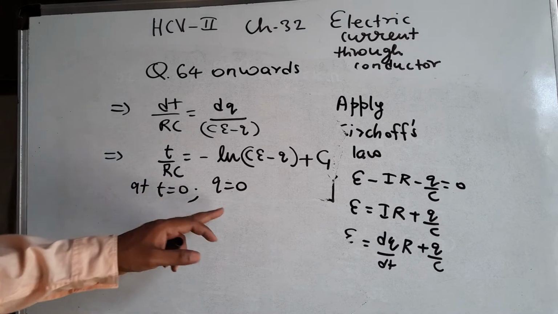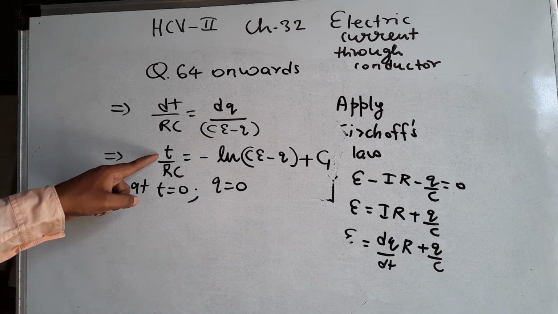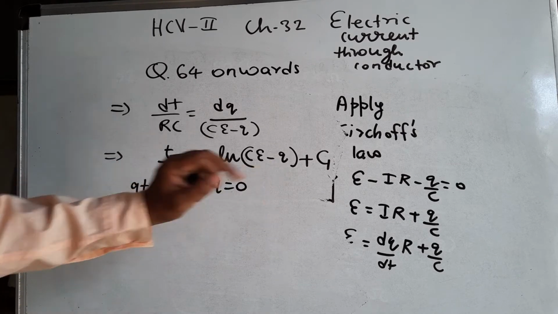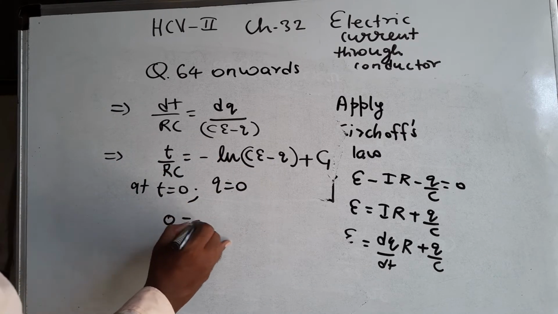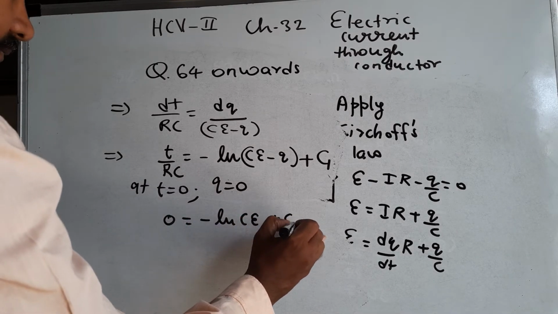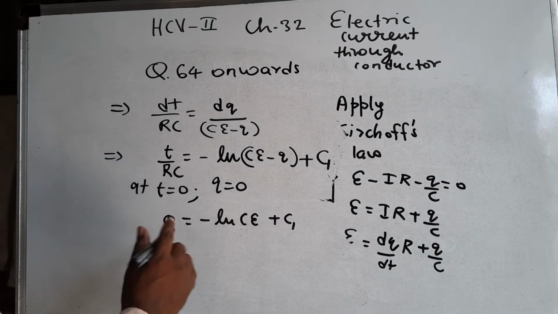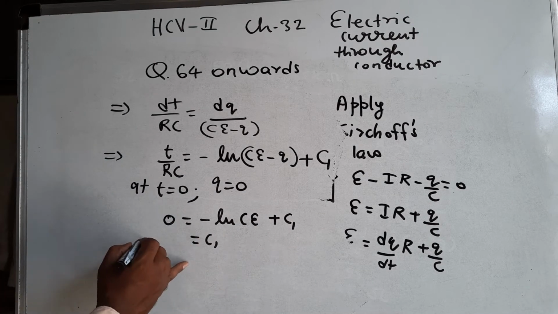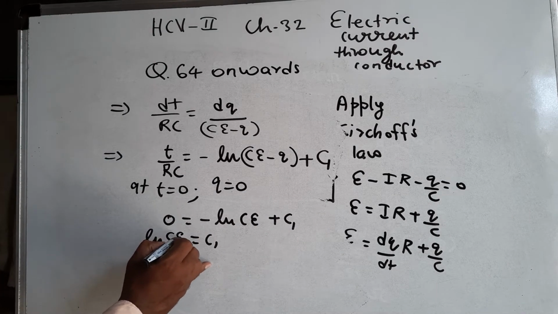This is our initial condition. So let's put t equals 0 here and q also 0. So I get 0 is equal to minus ln Ce plus C1, and C1 therefore will become plus ln Ce.